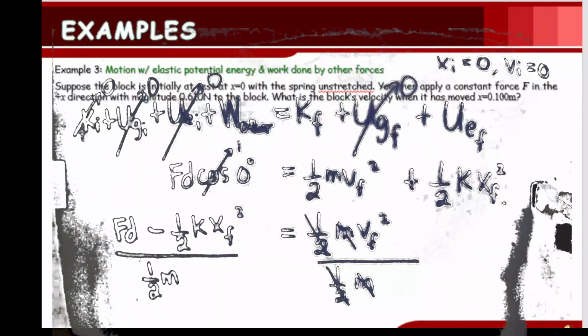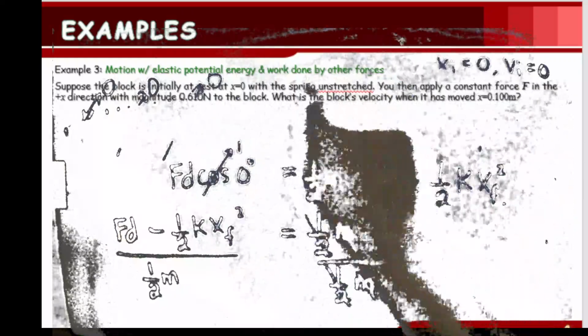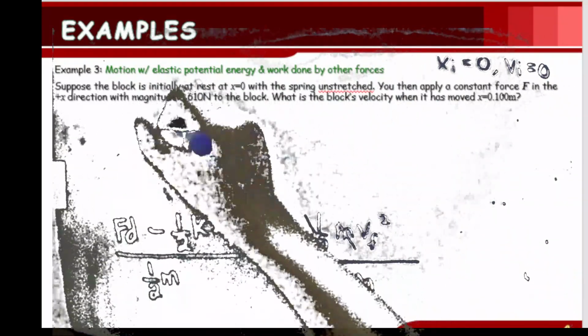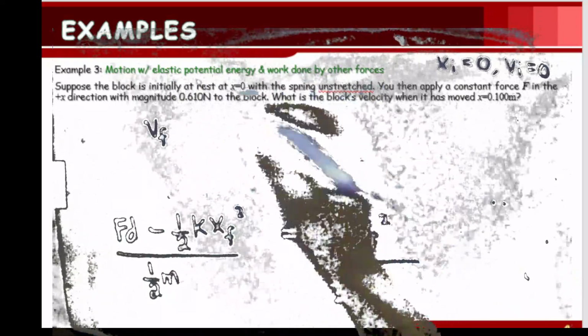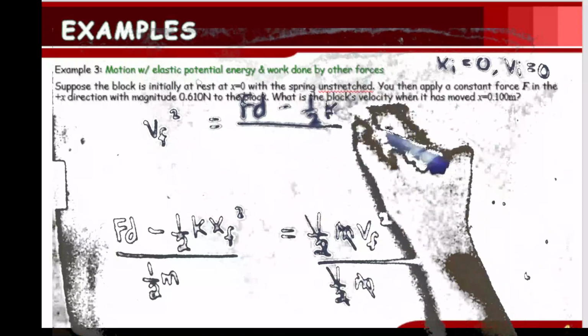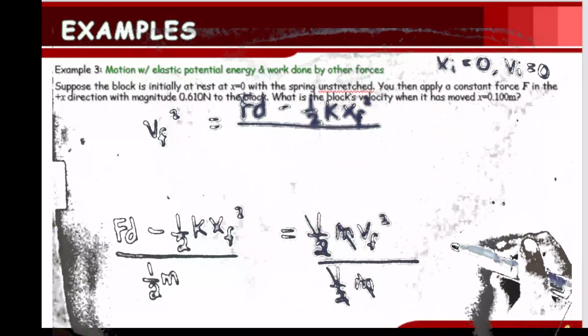Okay, let me transfer it here. And we will have the v final squared equal to F d minus 1 half k x final squared, all over 1 half m.